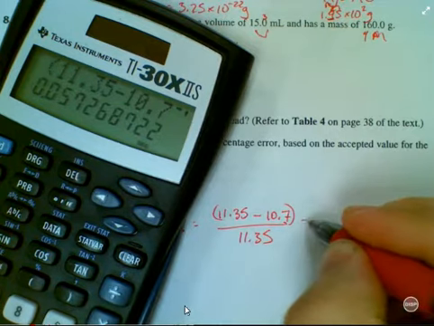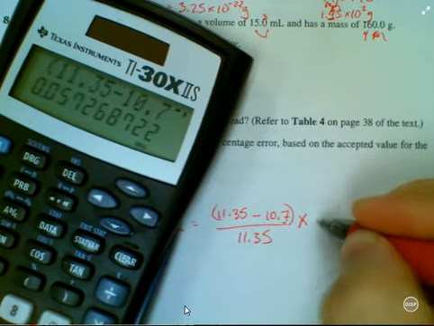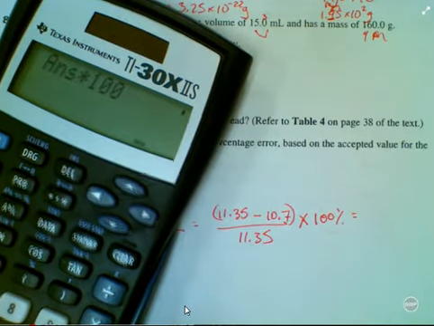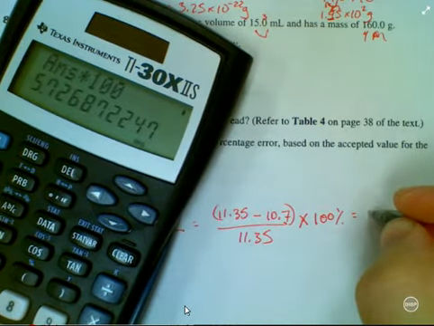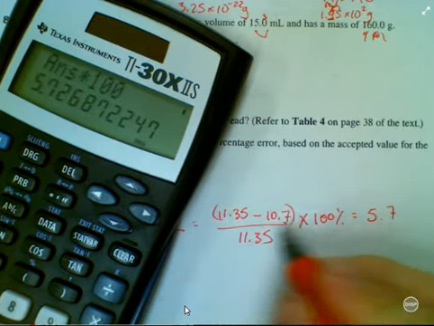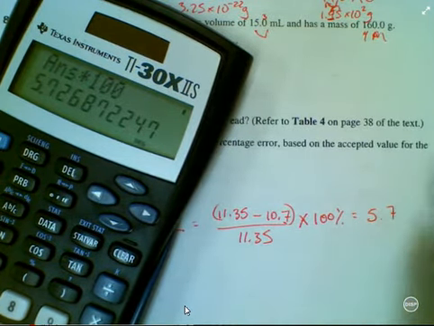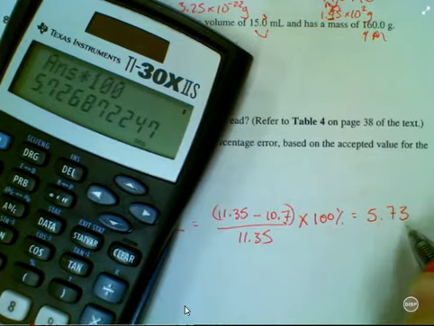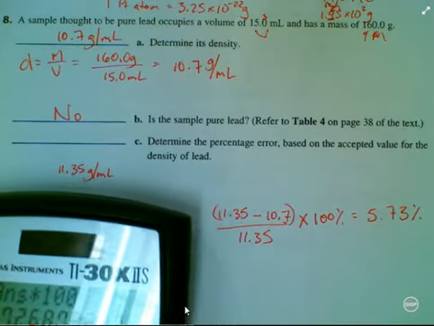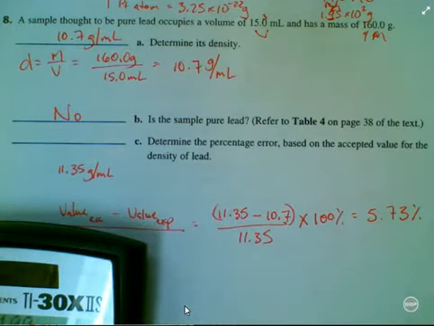Now this is a decimal. I need to multiply it by 100% to actually get a percentage. Yep, 5.7. Let's see, three significant figures here. So I'll just leave it with 5.73%. Yep, 5.73%.